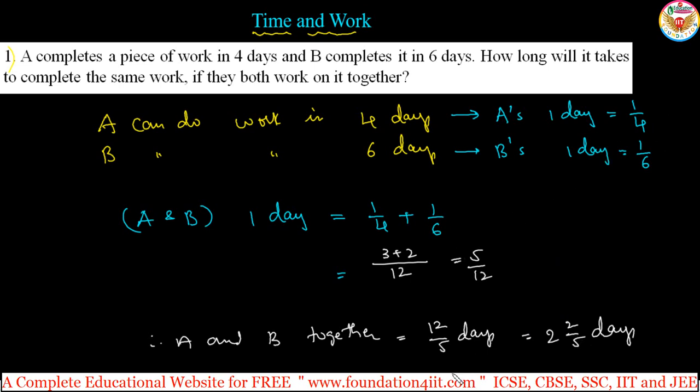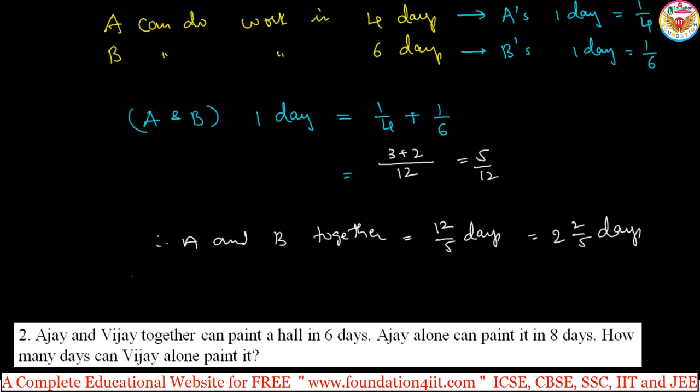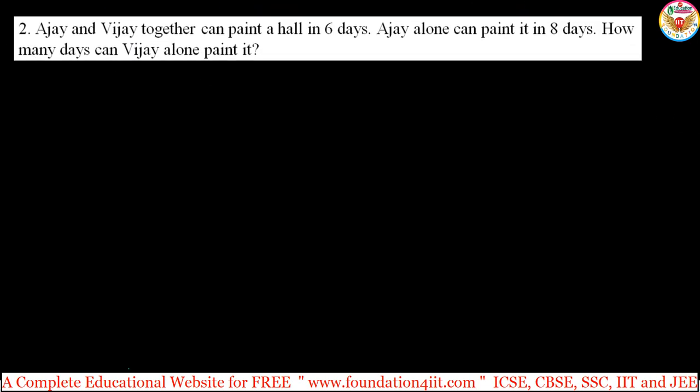Let us see one more example. Okay, here's the question. Ajay and Vijay together can paint a hall in 6 days. Ajay alone can paint it in 8 days. How many days will Vijay alone take to paint it? So it's about two persons whose combined capacity is given.